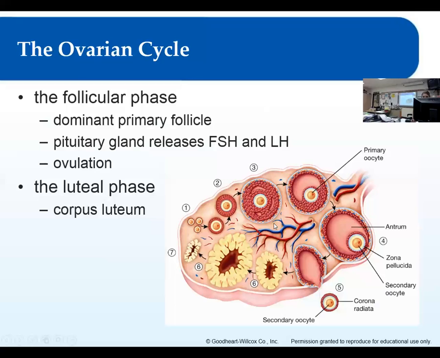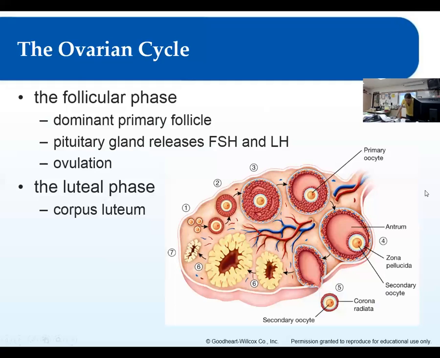Number 3 is a late secondary follicle, and number 4 is a vesicular follicle. Here there's still fluid mixed in, and here you have that good antrum around it, a big blob of fluid, if you will.